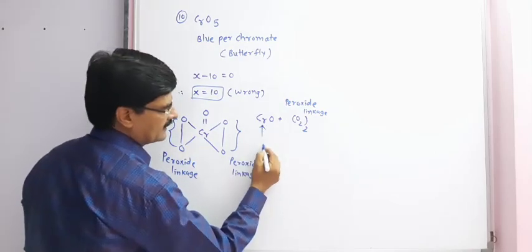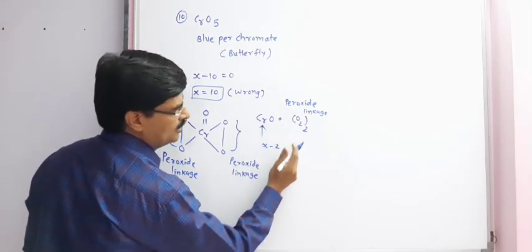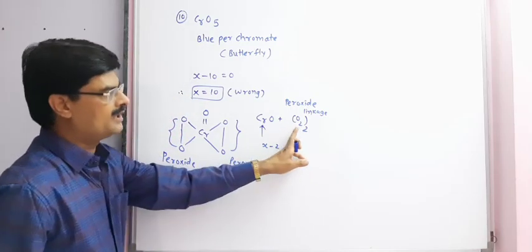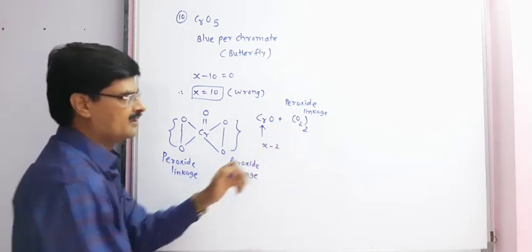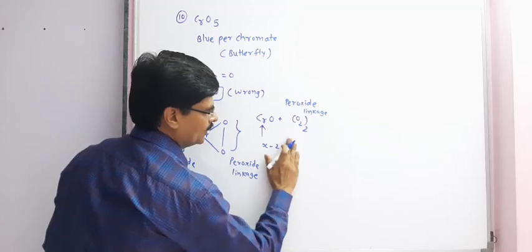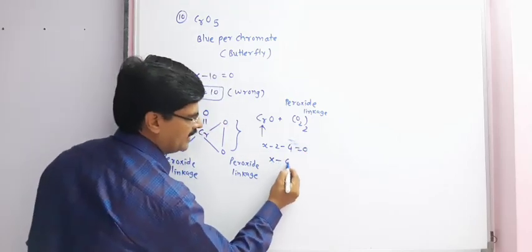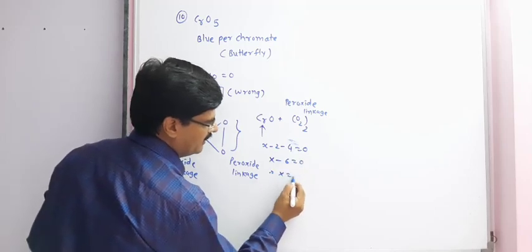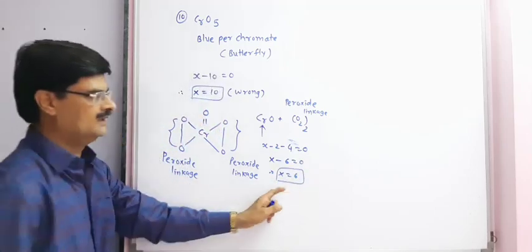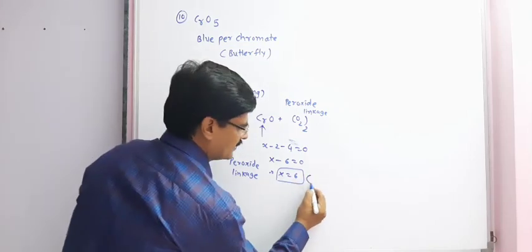Now for Cr, say X minus 2, and for each peroxide oxygen we take minus 1, so minus 4 is equal to 0. Therefore X minus 6 is equal to 0. We get X is equal to 6.